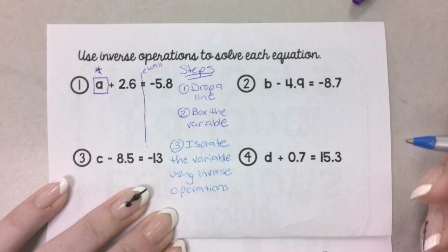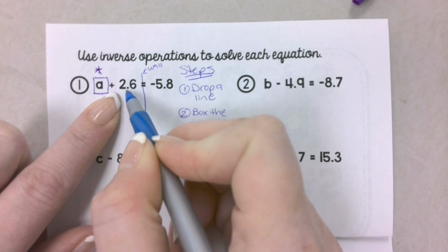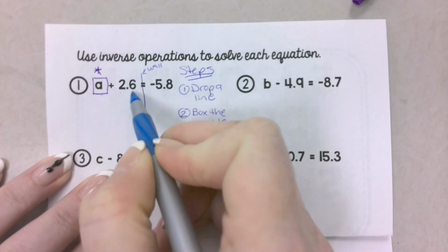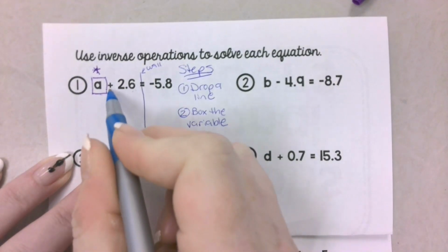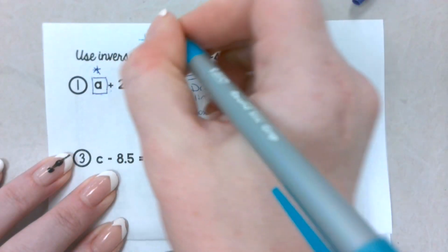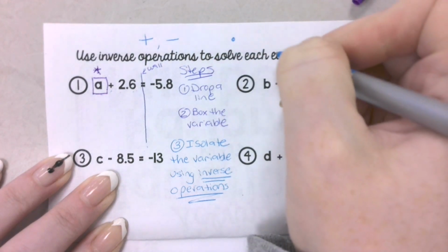you follow them. So we need to get this A by itself, which means we need to get rid of this 2.6. Right now it's showing you a plus 2.6. Well, what's the inverse operation of plus? Hopefully you know that the inverse operation of plus is minus. And what's the inverse operation of multiply?